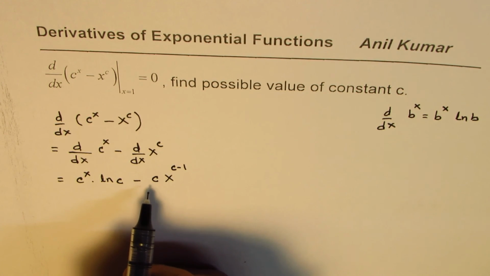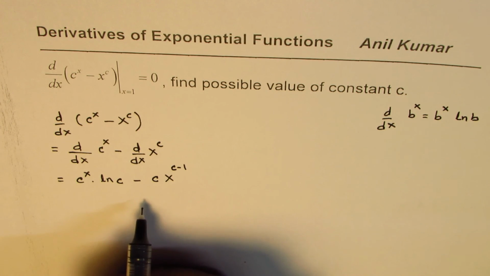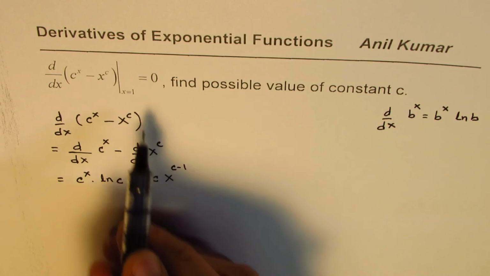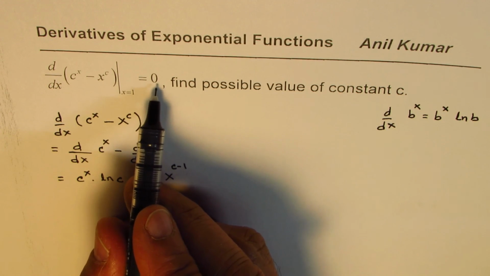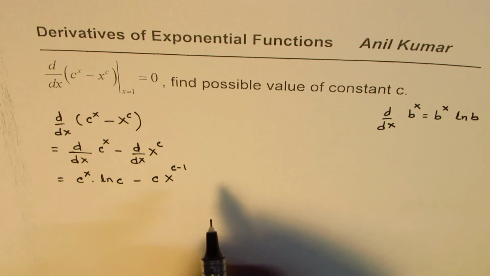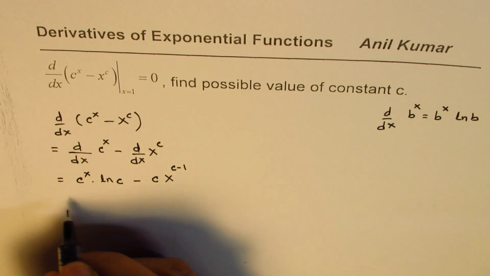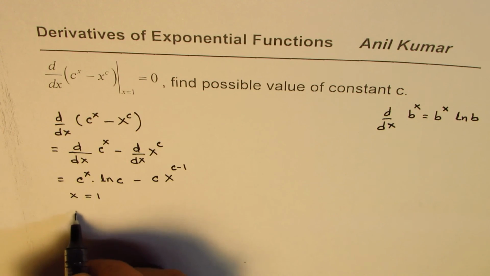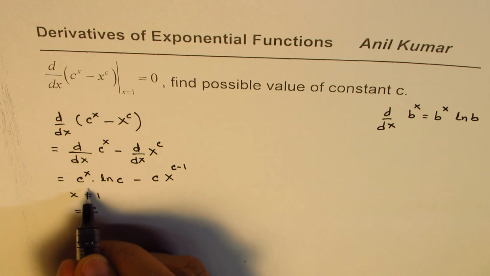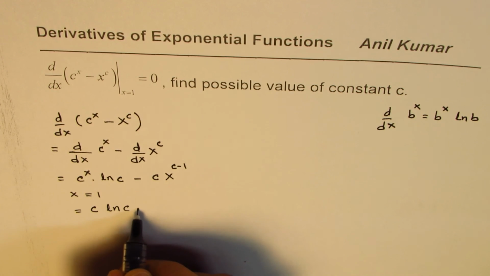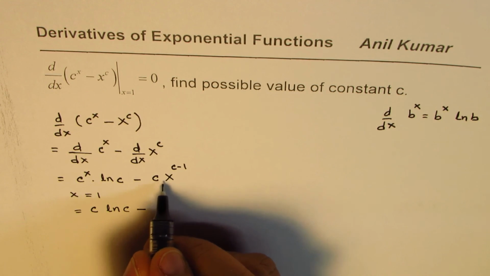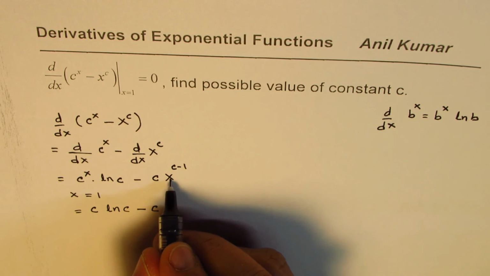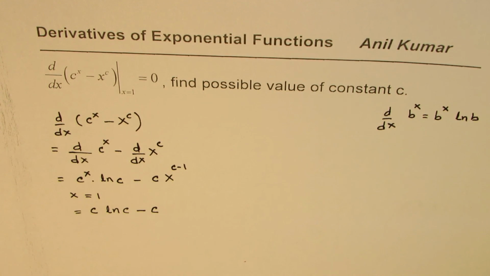Now in this particular equation we are also given that when x is equal to 1, this derivative is equal to 0, right? So at x equals 1, if I substitute x equals 1, what do I get? I will get c to the power of 1, which is c, ln c minus, if x is 1, we get c here, right? x is 1. 1 to the power of anything is 1.